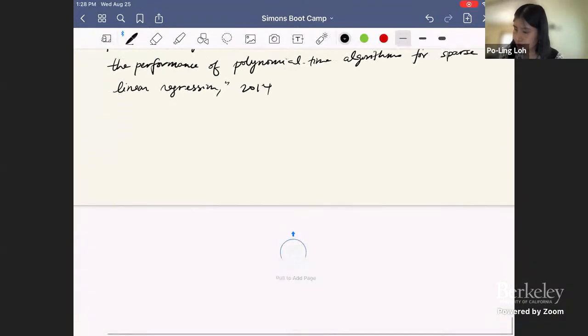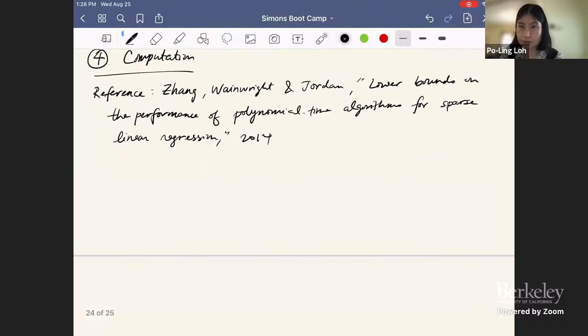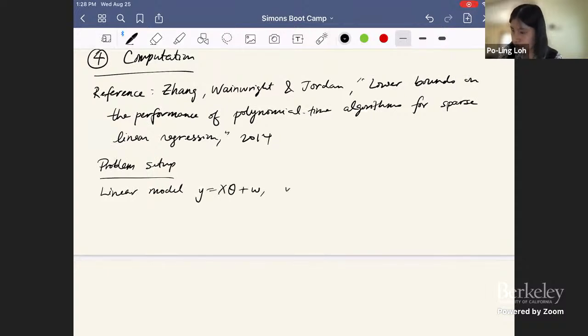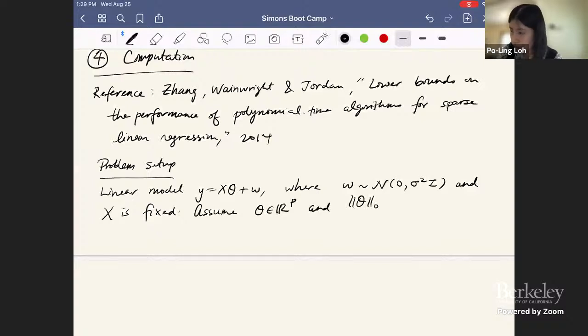Okay, so this is kind of bringing us full circle to the first lecture when we talked about linear regression and we had lower bounds. So the problem setup is that we have the linear model, y equals x theta plus w, where w is independent Gaussian noise and x is fixed. Okay, and we assume that the true theta is in R^p and is k-sparse.